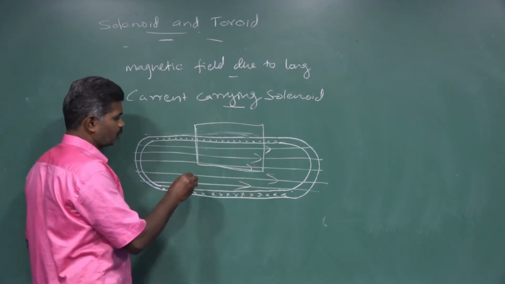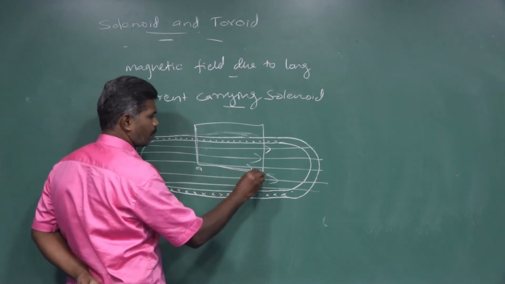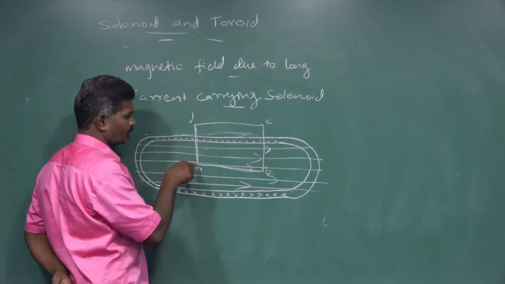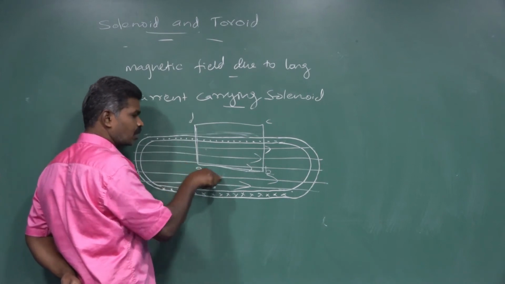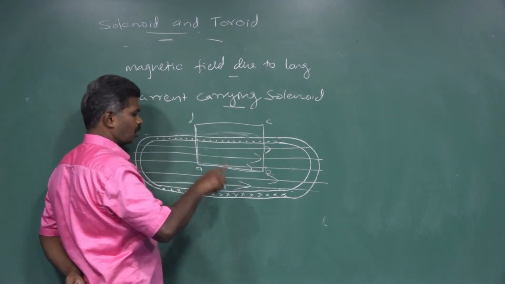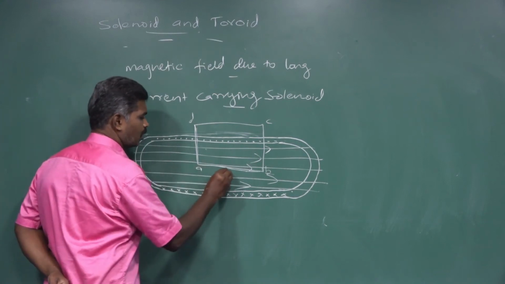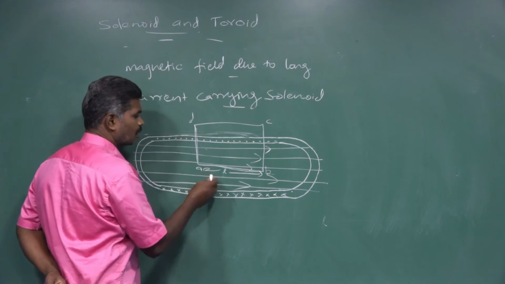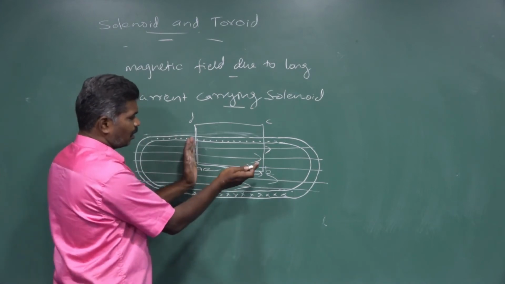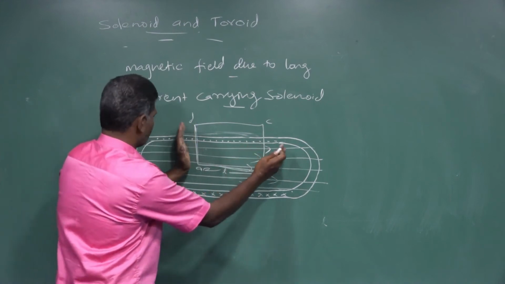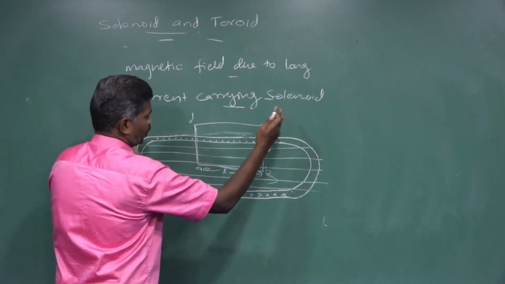The corners are labelled A, B, C and D. The closed loop starts from A and returns to A itself, and its lengthwise side can be taken as any value, either a small part or the total solenoid.